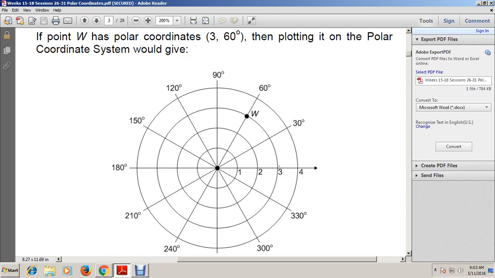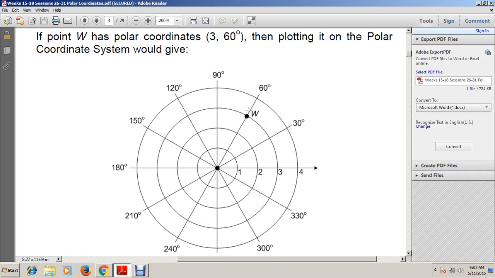So from here, we simply make a ray from our pole, ending up with an arrow tip at the location of the 3-unit mark, having rotated the ray 60 degrees from our polar axis.